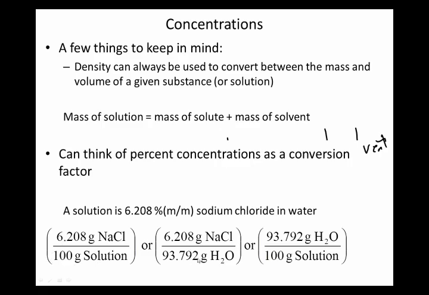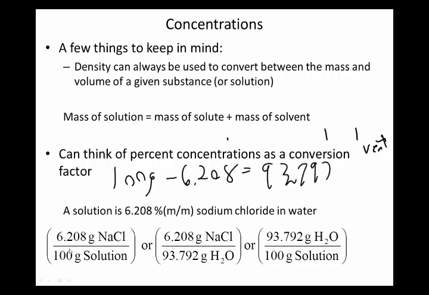Because the masses are additive, if this is the amount of sodium chloride per 100 grams of solution, then it must be true that this many grams per this many grams of water. Because I take 100 grams minus 6.208, and I get 93.792 grams of water remaining.